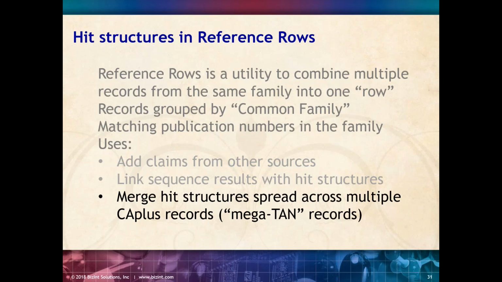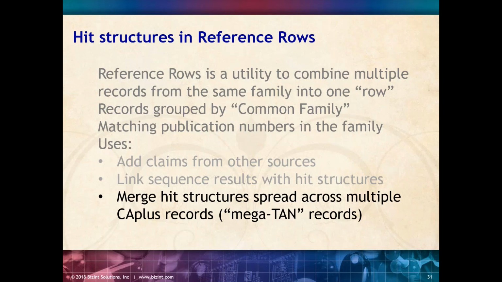And if there is more indexing necessary than that, they will split that CA reference into multiple CA references. They use something called a temporary accession number. And when these get really big, the CAS terminology for this is a megatan, a really large record that's split across multiple records, a family that's split across multiple CA records.